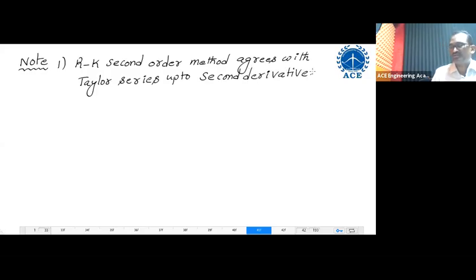In case of a Runge-Kutta second order method problem, if you try to solve using Taylor series up to third derivative, definitely it will contribute errors. So that's why the error term starts from the third derivative of the Taylor series for RK second order method.